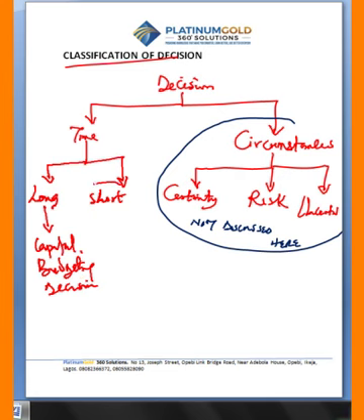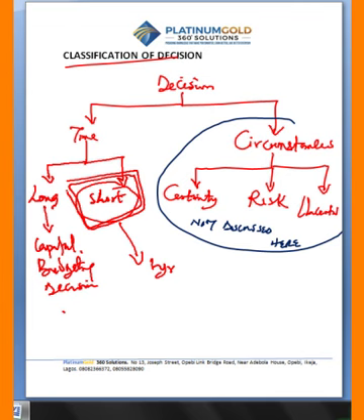Then the short-term decisions. When we talk about short-term decisions, they are decisions that do not extend beyond 1 year. So our focus will be on this particular decision, the short-term decisions.